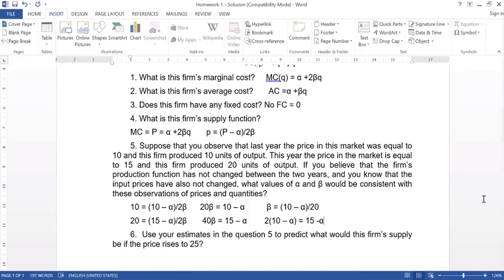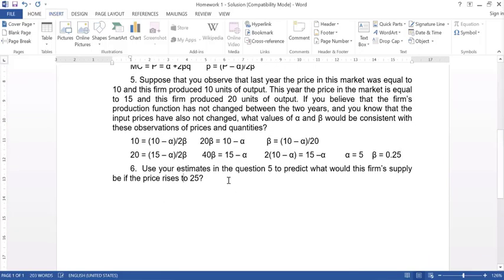Alpha is equal to 5. We replace it here and find beta. Beta equal to 0.25. That's question number 5.